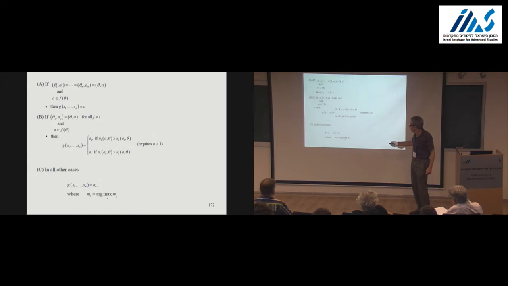So the outcome in case C is we look at whoever is announcing the highest integer, the highest number, and we let that person get his favorite outcome, AI.